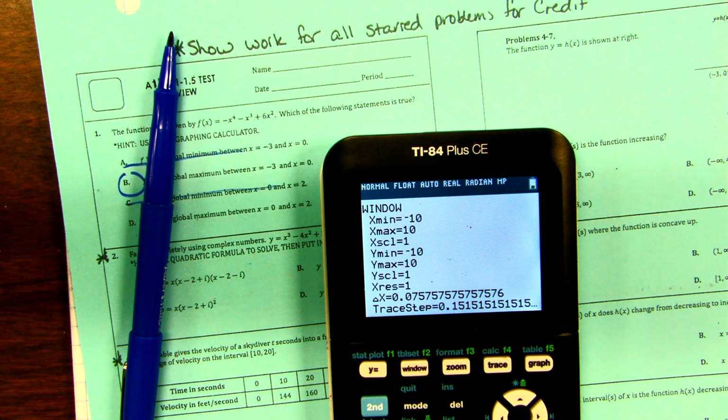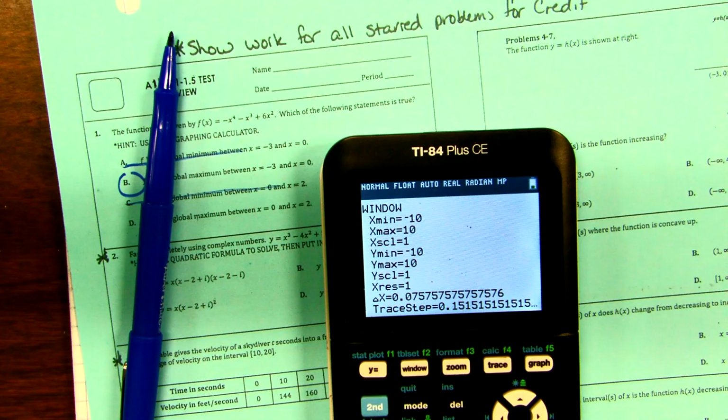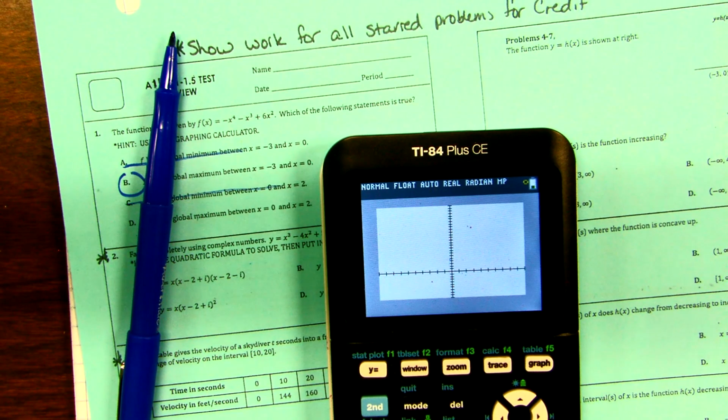Anything that has an x associated with it has to do with the x-axis. Anything with the y has to do with the y-axis. So if we want to go up, we have to change the y-axis. And so I'm going to go to where y max is and change it. Pick something. There's no wrong answer. If you still can't see that turning point, then you can always go back and change it, all right? So pick something. As long as you can see it, you're good.